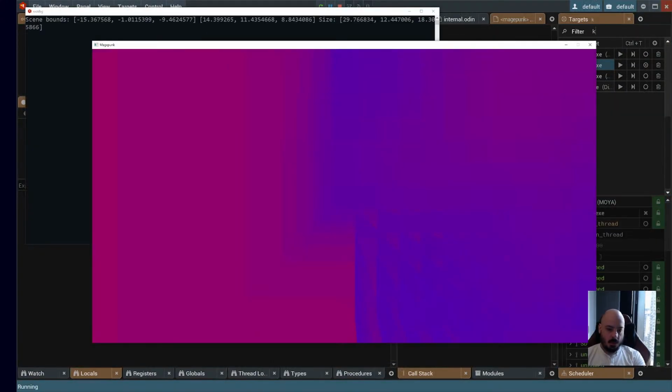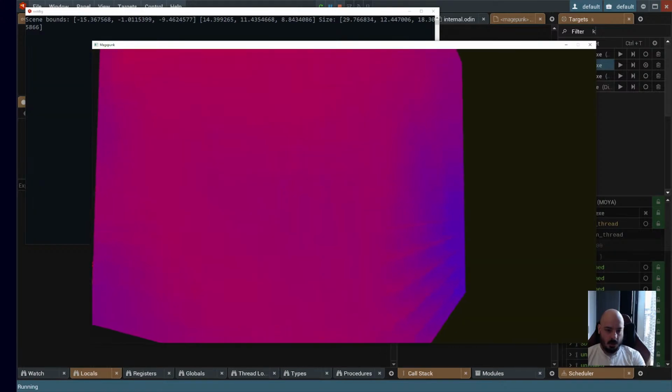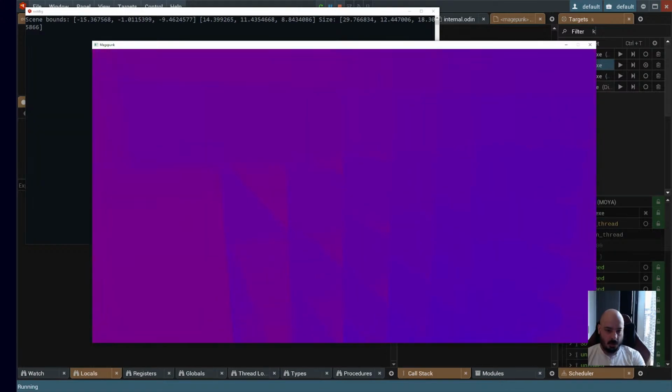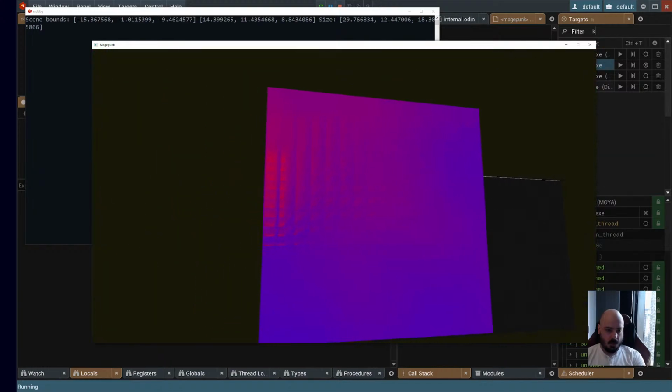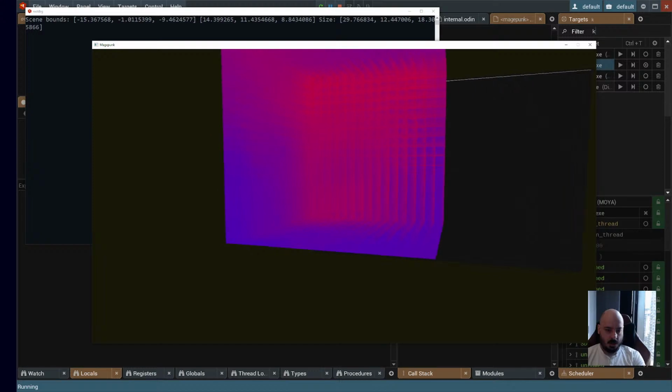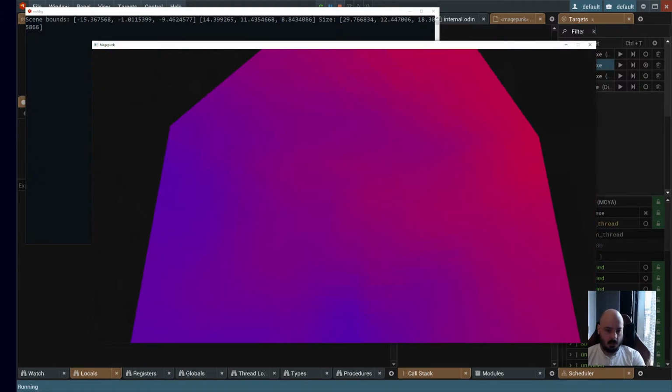Now we should be seeing different colored overlapping cubes. Alright, there we go. That's something at least. Yeah, okay. So I can kind of see the shape a little bit, I think. No, not really.